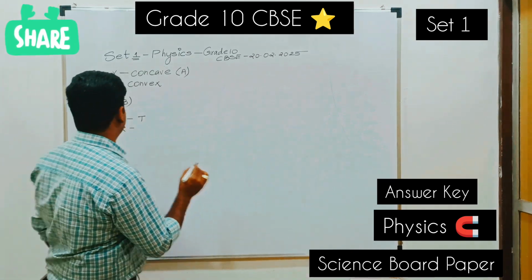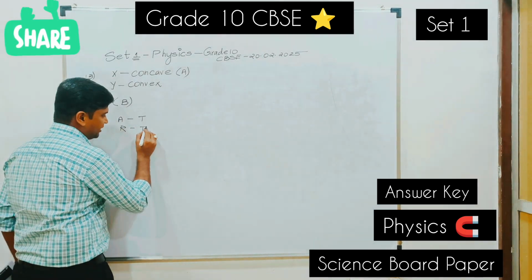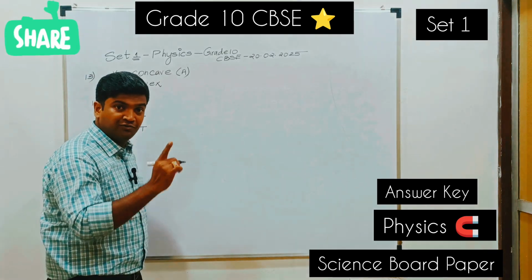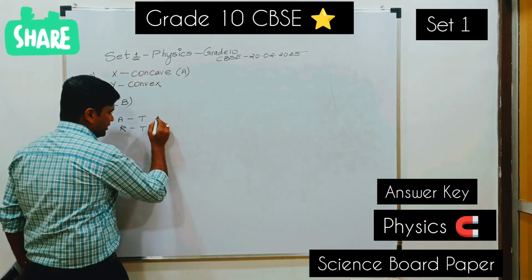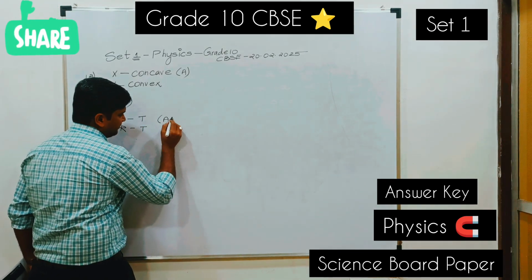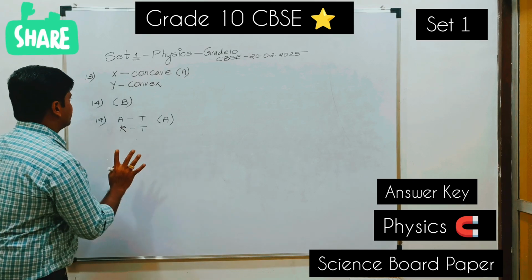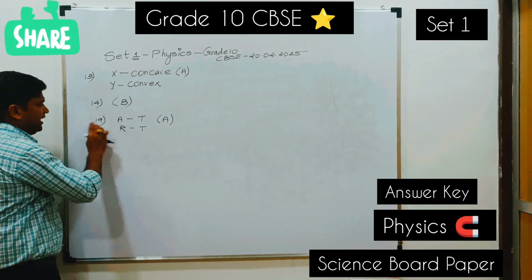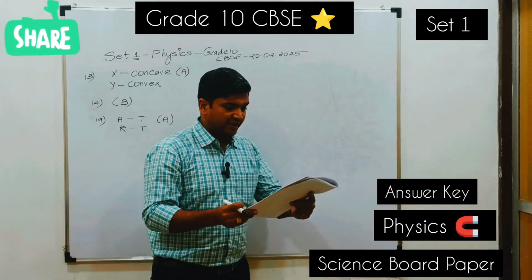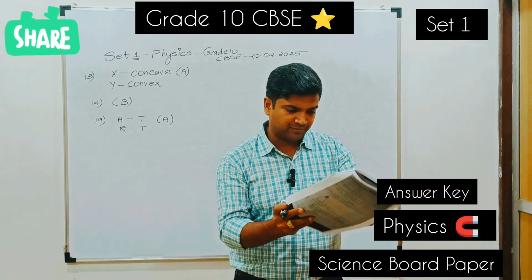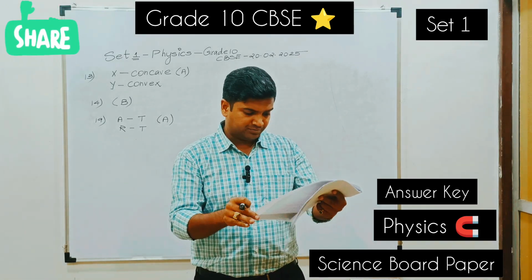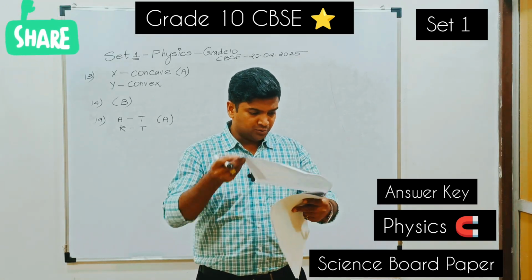So the reason is also true and it is the correct explanation of the assertion. So what is the right option over here? A is the right option. Fine, children. So 13, 14 and 19th. This completes the MCQs of physics. Correct, beta?